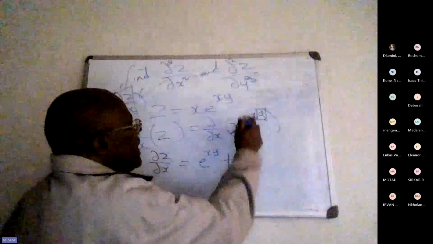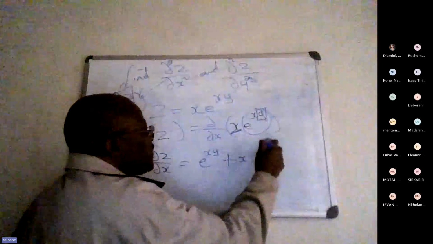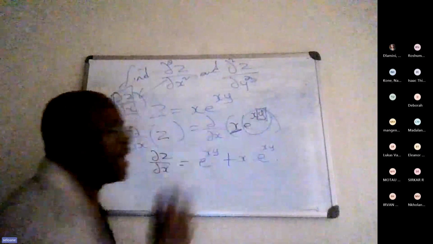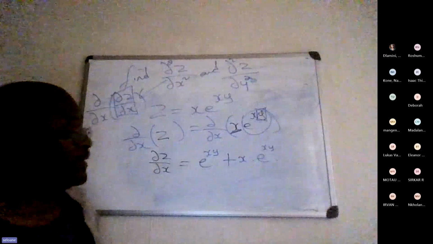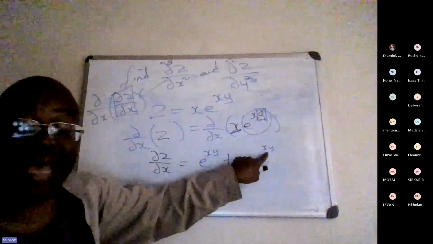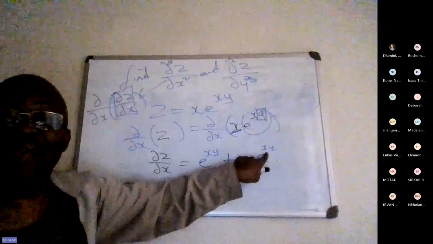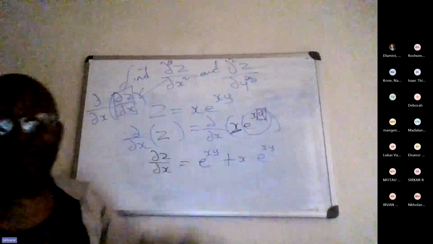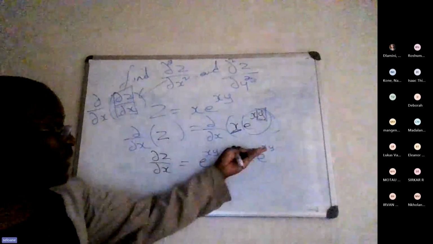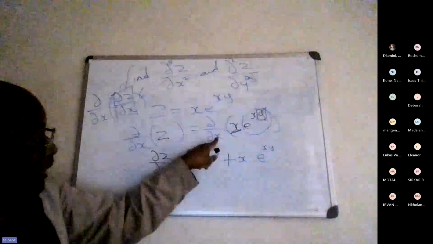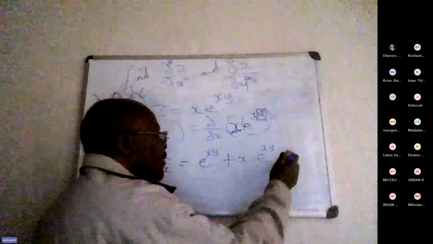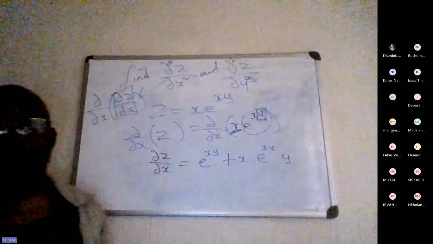Because this is an exponential function, we know we must first fix it. Multiply by the derivative of like 3x or like 4x, because y is a constant. And what is the derivative of this with respect to x? The answer is going to be y.